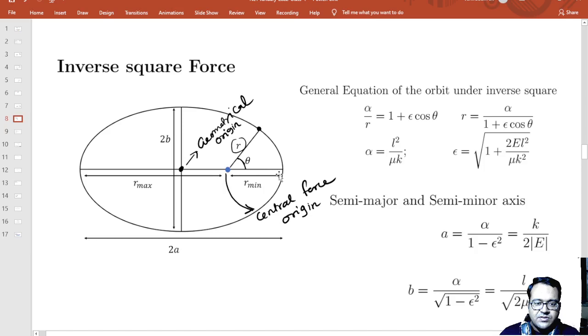So from the origin of the central force, the particle travels in an elliptical orbit around this force center.